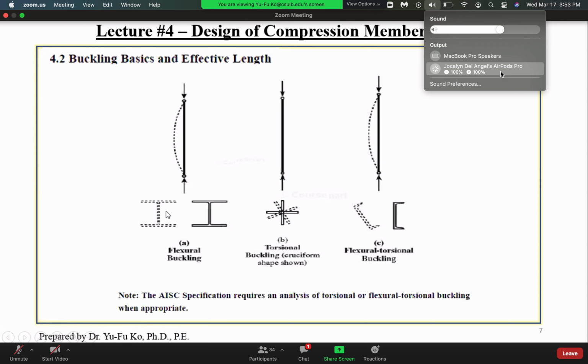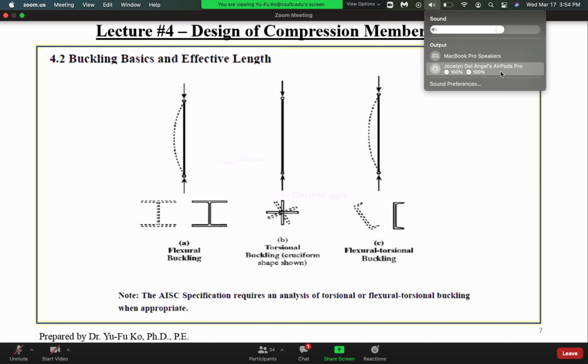This is what we call flexural buckling of a compression member. If you have a piece of paper, you can also imagine it is a column, and compress your paper vertically this way. You can also see the buckling shape like this. This is what we call flexural buckling.